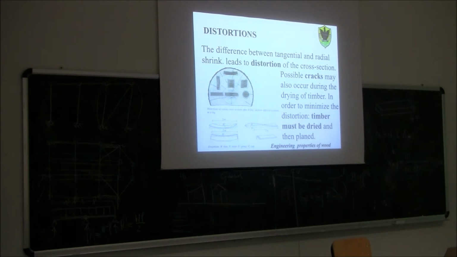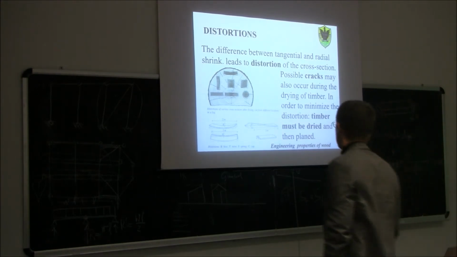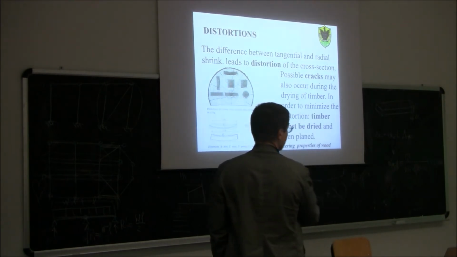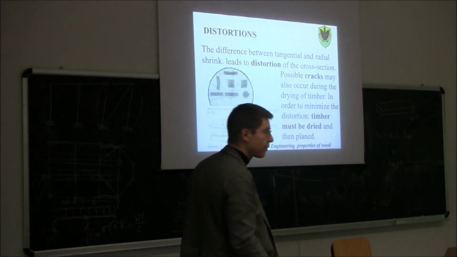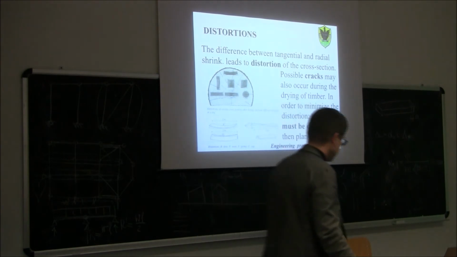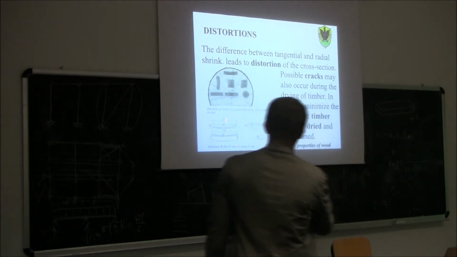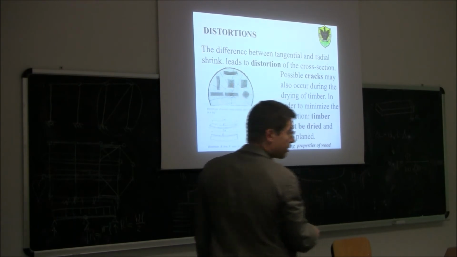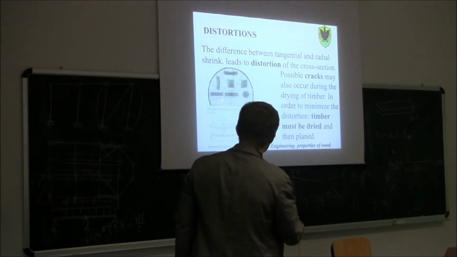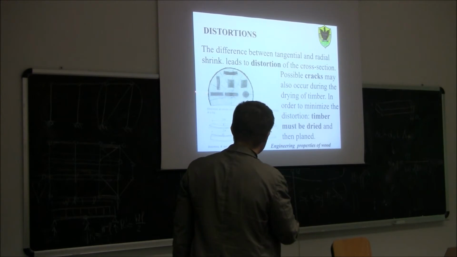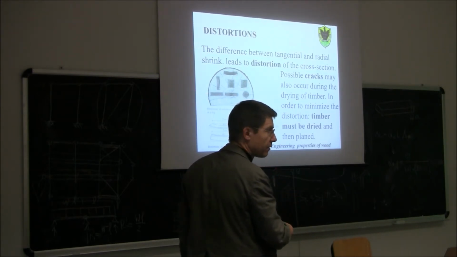You can see here that this difference between the shrinkage in the radial direction and the tangential direction leads to distortion of the cross section when we cut pieces of wood. As I showed before, we don't have any significant distortion only for the pieces cut along the diameter of the trunk.